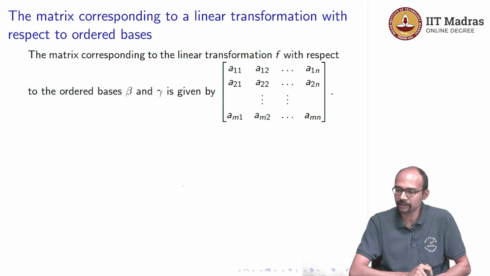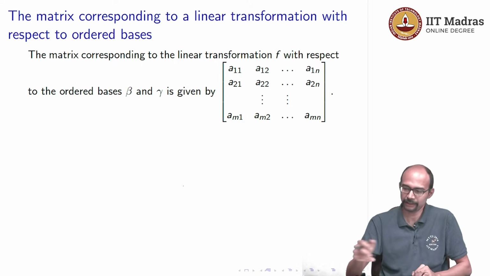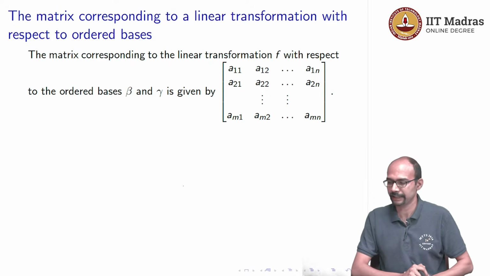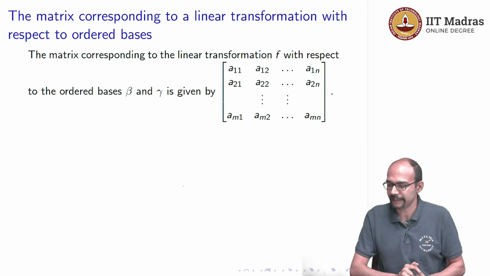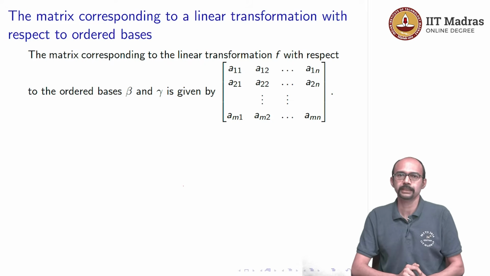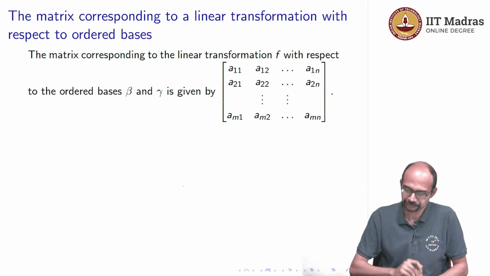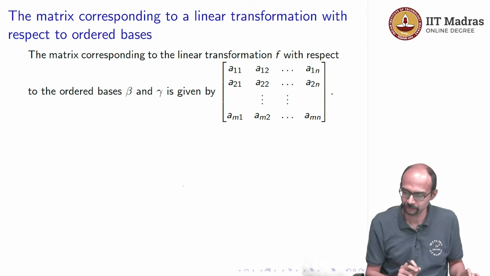The entries in the second column are what occurred in the second linear combination for f of v 2, and so on. The entries in the nth column are what occurred in the expression for f of v n. So, keep that in mind.